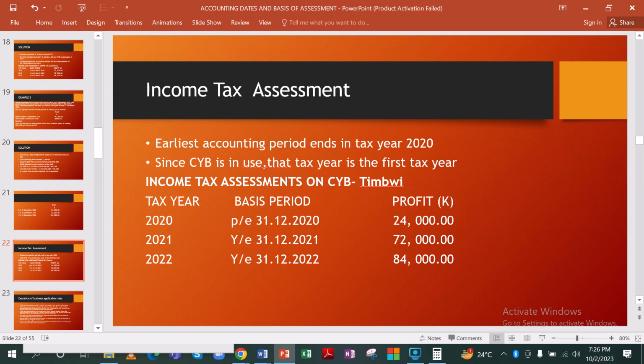I think for today we have looked at how we identify that it is a current year basis, how we identify that a preceding year basis applies. We have learned what the basis period is and what the basis of assessment is. And we have looked at how we make an assessment when the business has just commenced trading.